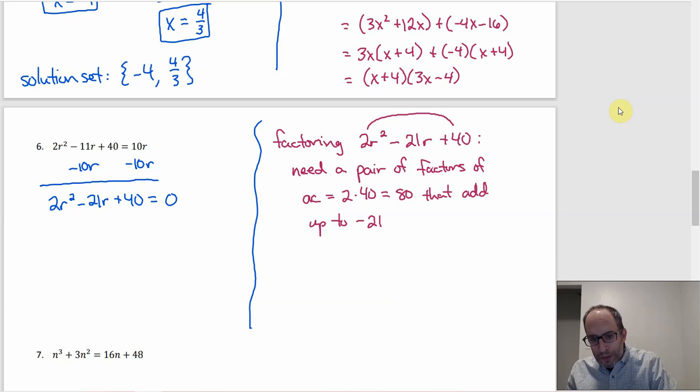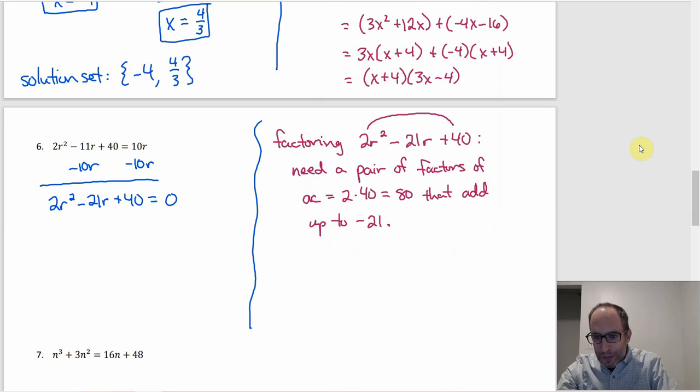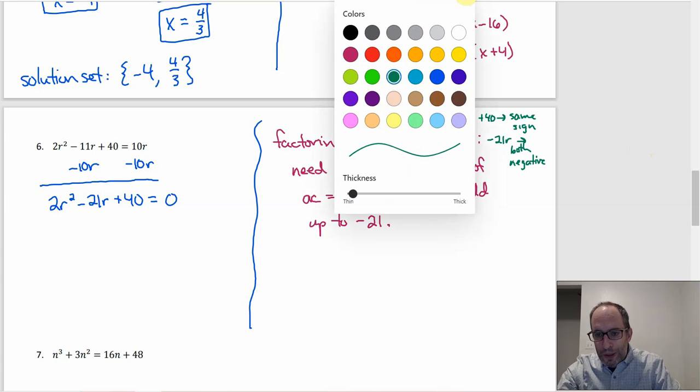Okay, so what we know just from up here, and maybe I can write this in but make it real small, just off to the side: the plus 40 at the end would mean they have to have the same sign. But then the minus 21r would mean that they're both negative. So they both have to be negative.